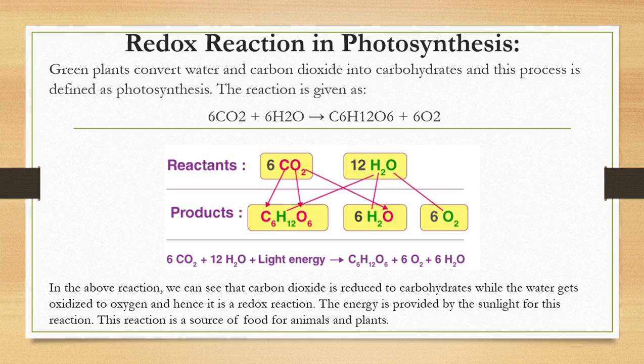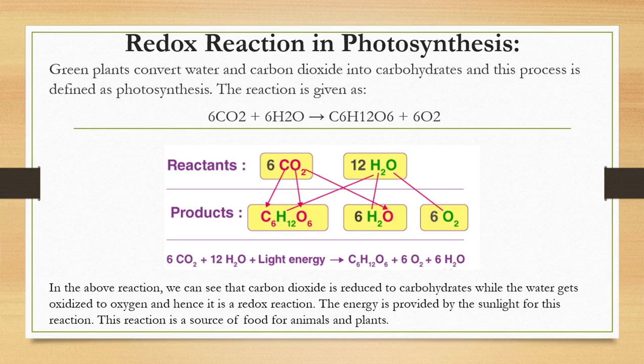Redox reaction in photosynthesis. Green plants convert water and carbon dioxide into carbohydrates and oxygen in a process defined as photosynthesis. The reaction is given as 6CO2 plus 6H2O gives C6H12O6 plus 6O2. Okay, reactants: 6CO2 and 12H2O.